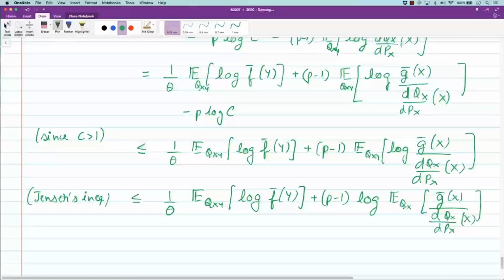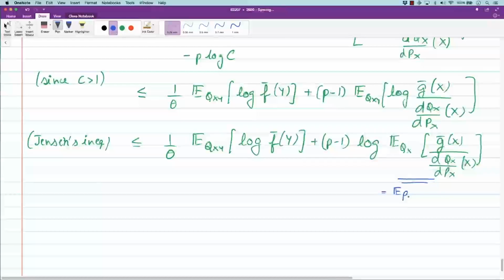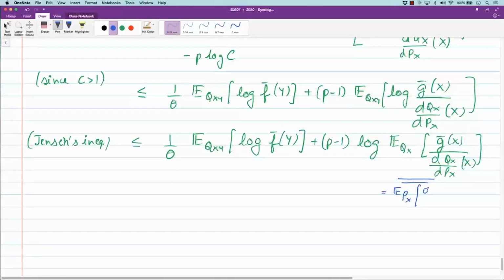But this expectation can be written as, so now let's look at just this part here. This can be written as the expected value over px of d qx by d px into g bar divided by d qx by d px.